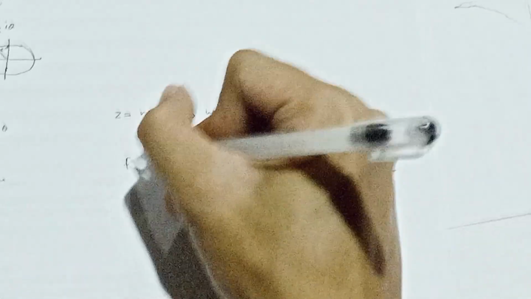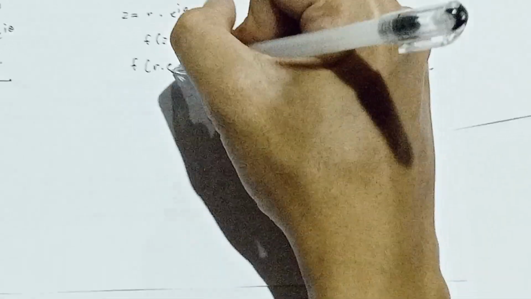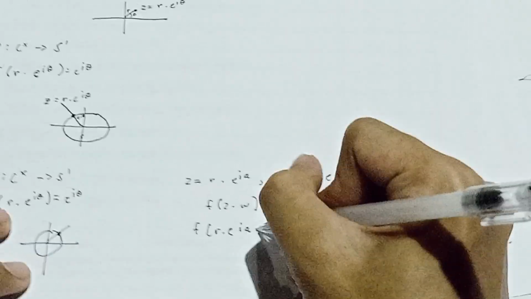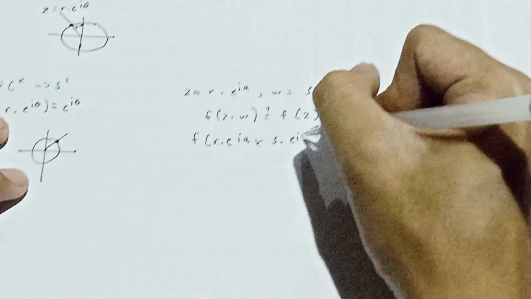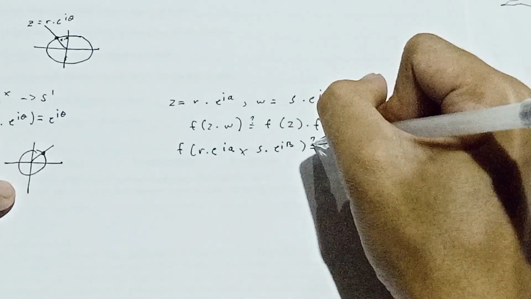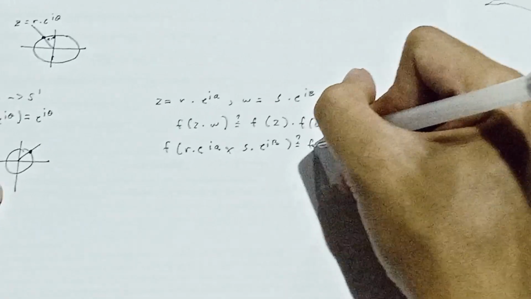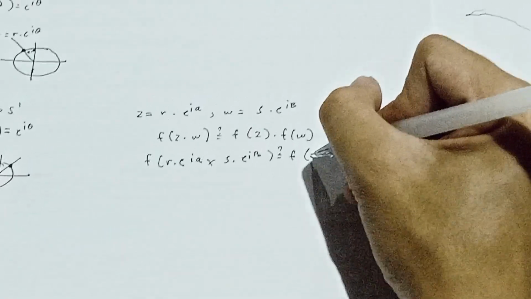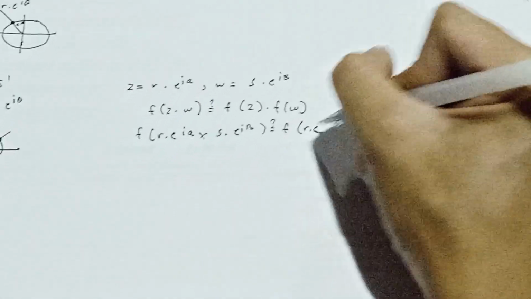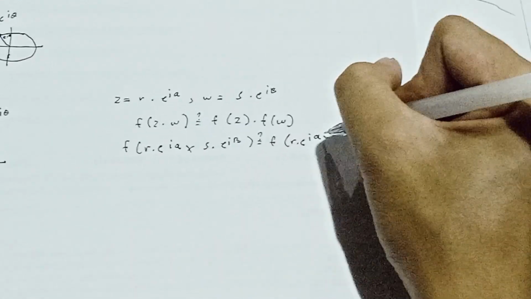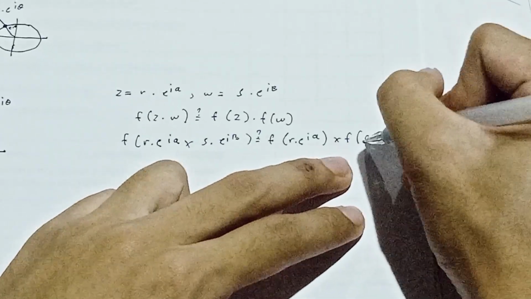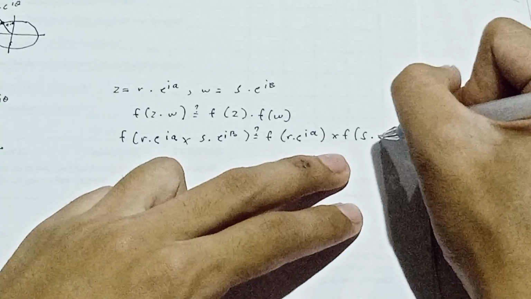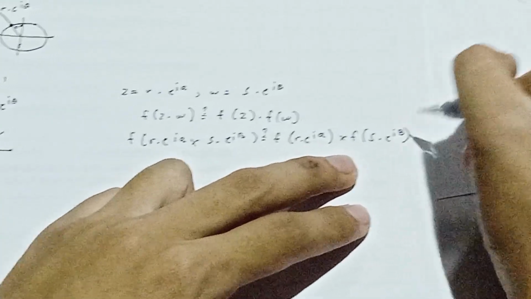So r times e to the power of i alpha times s times e to the i beta is equal to f of r times e to the i alpha times f of s times e to the i beta.